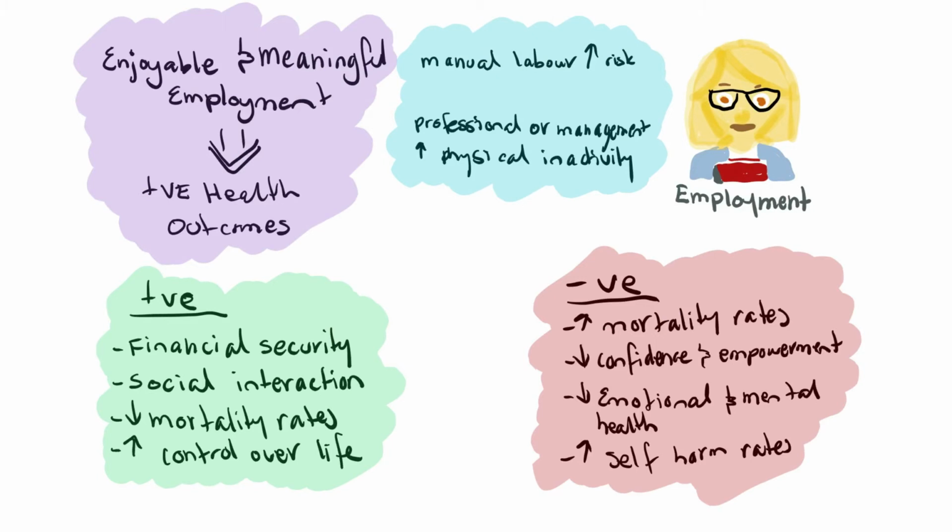When we look at employment, this is essentially directly related to education, as we talked about the fact that people who aren't educated are less likely to be able to obtain employment. And so if we look at people who are employed in enjoyable and meaningful employment, they're generally going to have positive health outcomes.